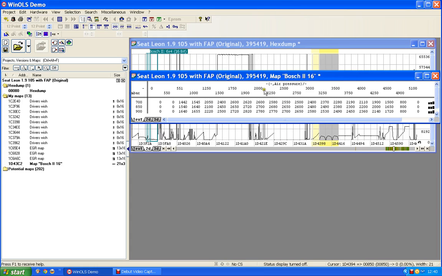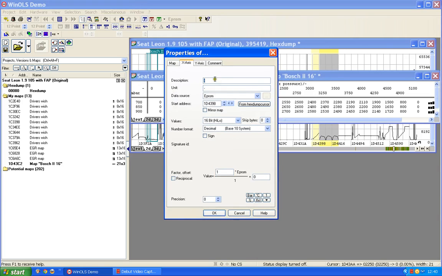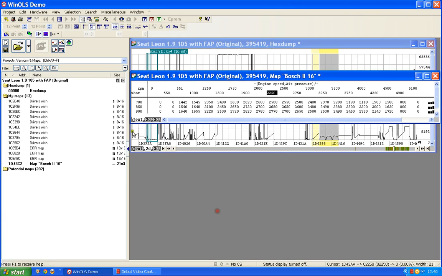What have we got along the top here? We've got revs per minute, so we've got engine speed in revs per minute. Neither of these need anything doing to the data. It's okay. Now what have we got here?